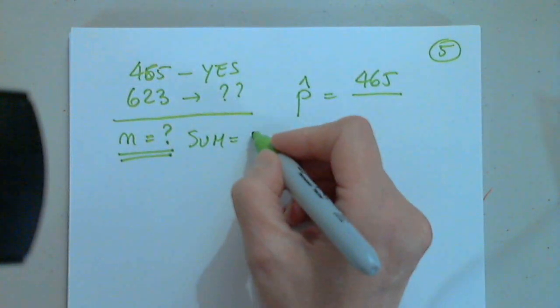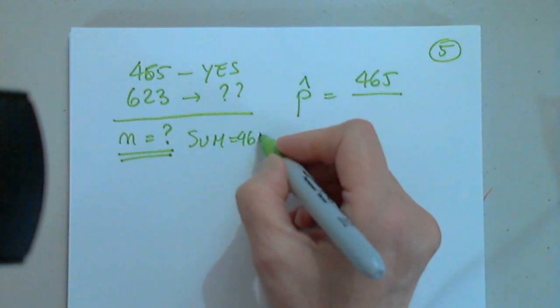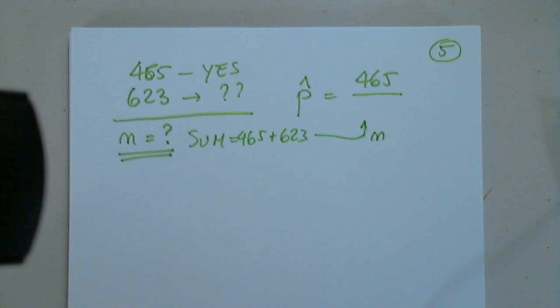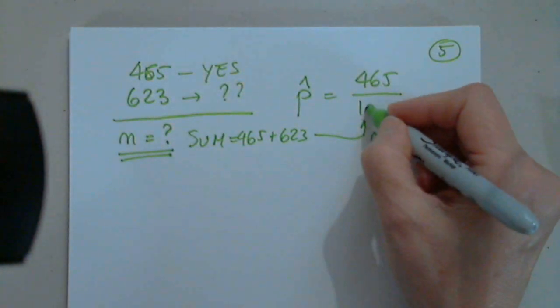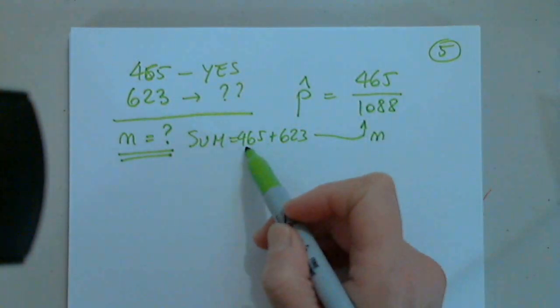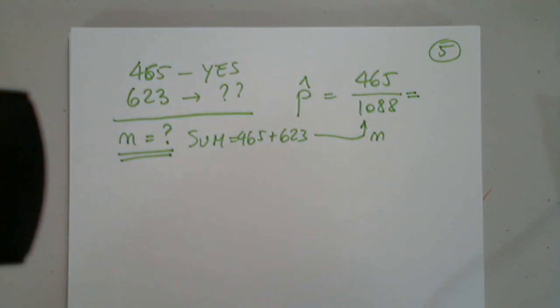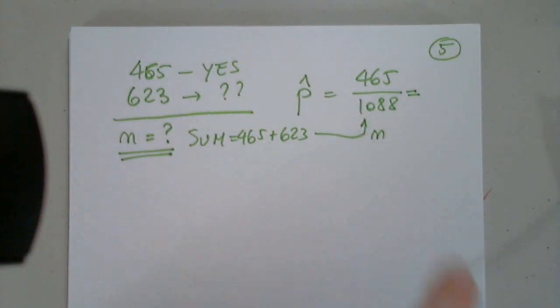They want us to find p hat, which is the number of people who said yes, 465, divided by the sample size, but we don't have it. So what is the sample size? Are we supposed to add the people who said yes? Very good. The sum of 465 plus 623. That's it. This is the sample size. Excellent. So how much did we get? 1,088. So this is our sample proportion, 465 over 1,088, which is a point estimate of P, the true population proportion.